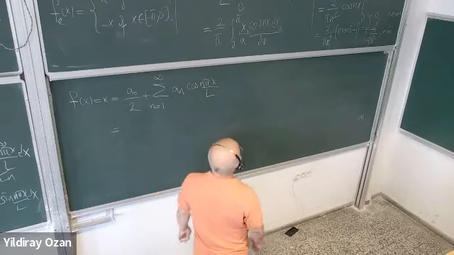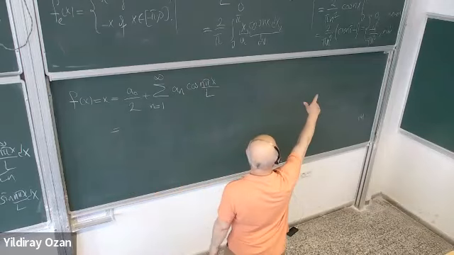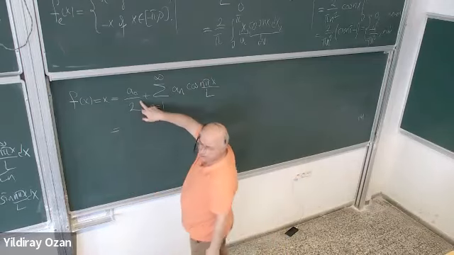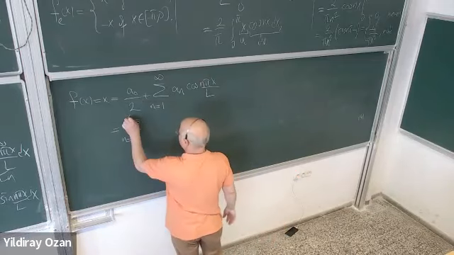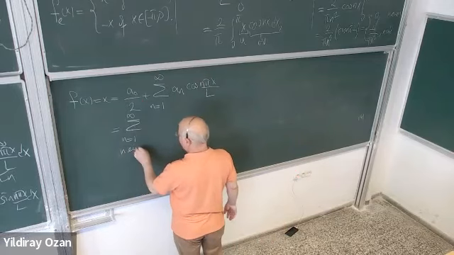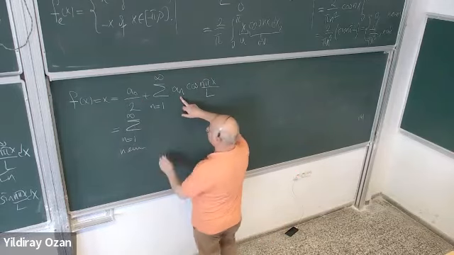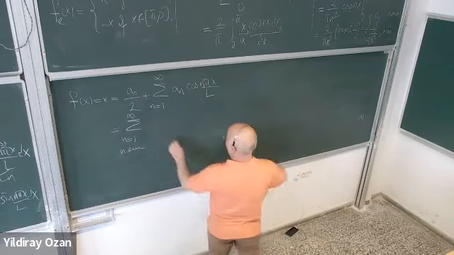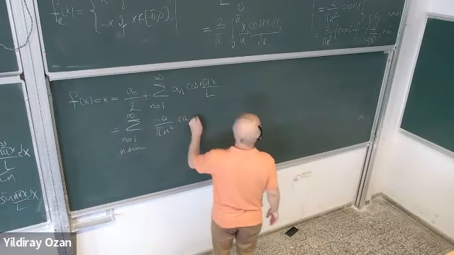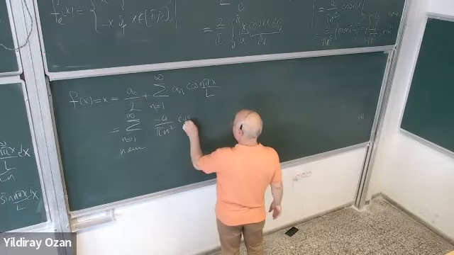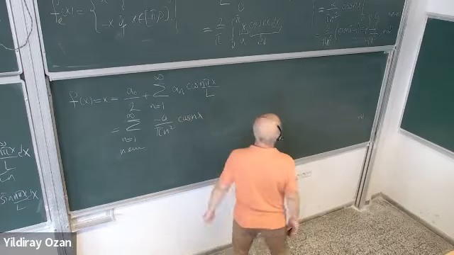What is a0? When n is even, it is 0, so there is no a0, I have only these terms. And an is minus 4 over pi n squared, and then cosine nx.